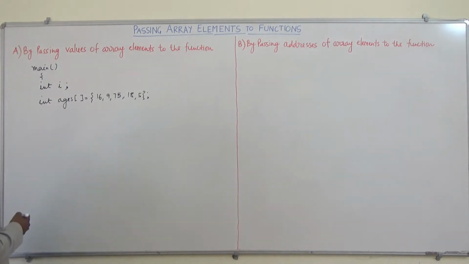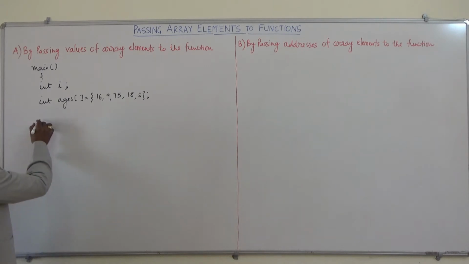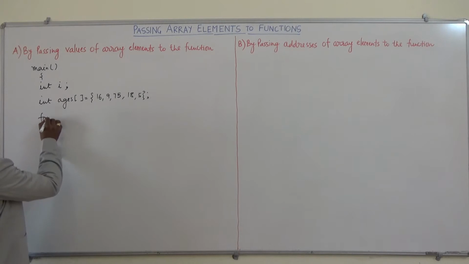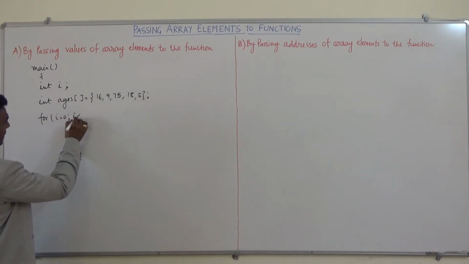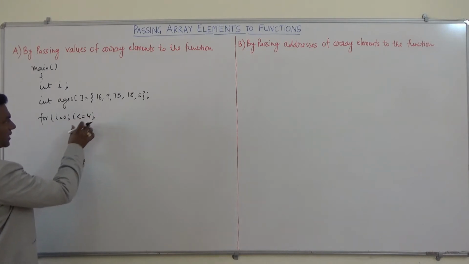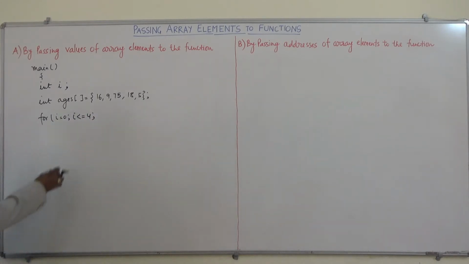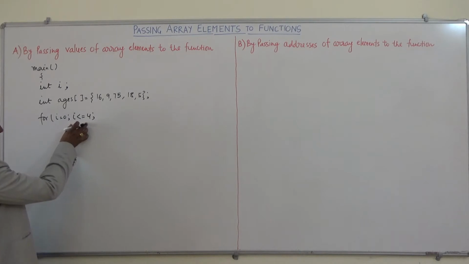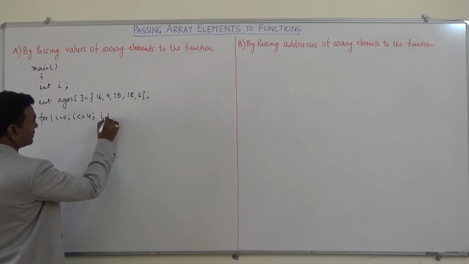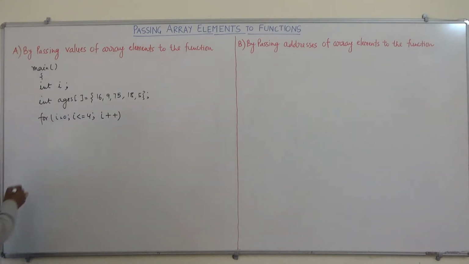Now we will call a function. We will use a loop for I equals to 0, I less than equals to 4, because we are taking 5 elements, that's why we are taking this condition up to 4, and then I plus plus.